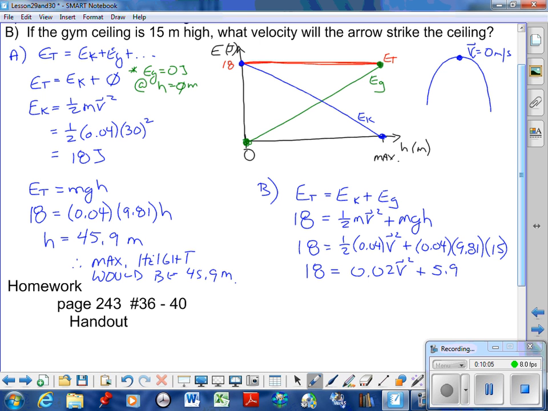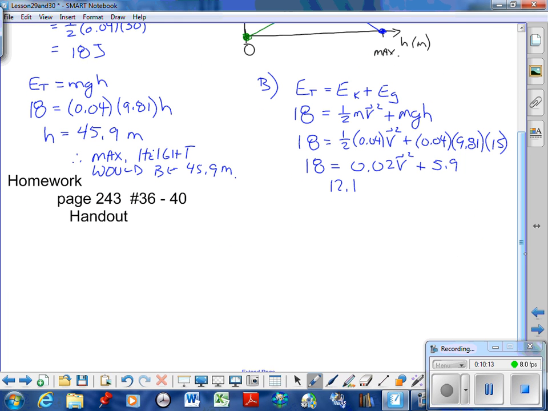Moving the 5.9 over, so 18 minus 5.9, I get 12.1 equals 0.02 v squared. Don't forget the velocity is squared, so you are going to have to take the square root in the end here. So 605 equals v squared, square root.